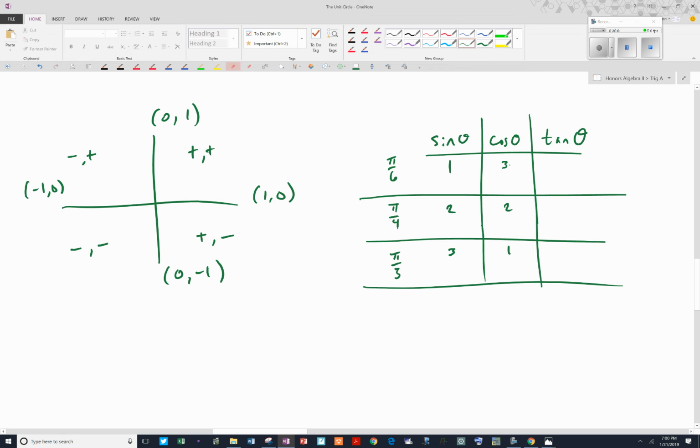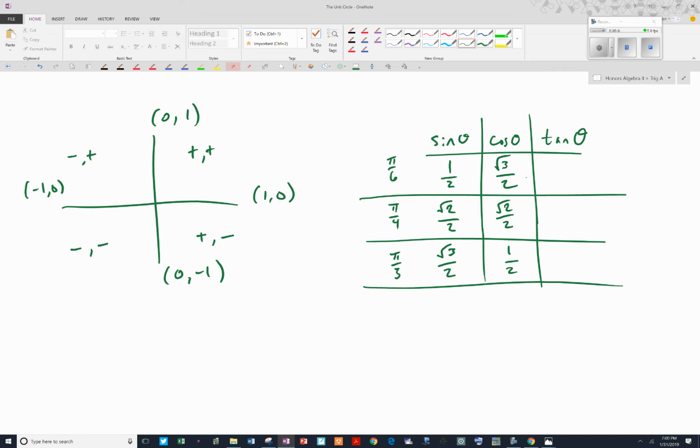Then what I'm going to do is I'm going to take the square root of each of those values. All right, so the square root of 1 is 1, square root of 2 is square root of 2, square root of 3, square root of 1 is 1, square root of 2, square root of 3. So I did 1, 2, 3, and then 1, 2, 3 going back up. Took the square root of everything, and I'm going to divide everything by 2. And there's your 6 major values, sine and cosine.